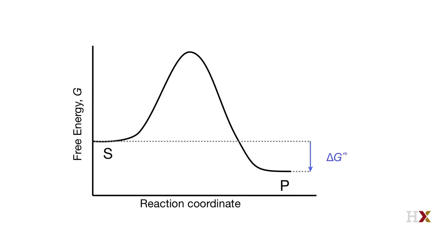If you look at the reaction coordinate diagram, you can see that to go from substrate to product, you need to reach an intermediate state that has a high free energy. So you have an energy barrier that needs to be overcome for the substrate to be converted into a product.